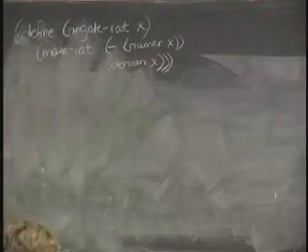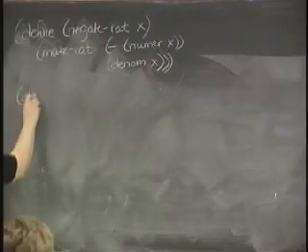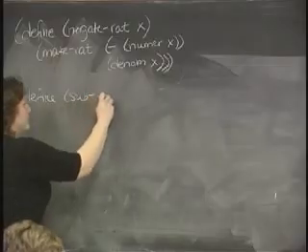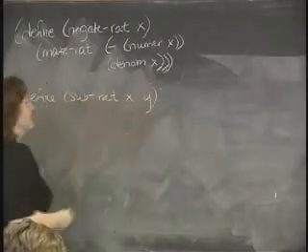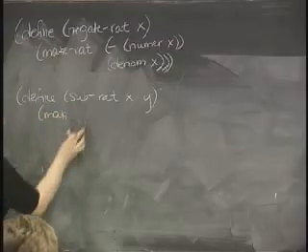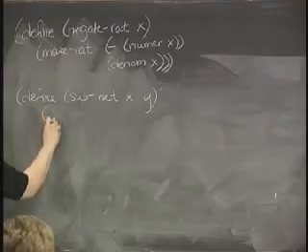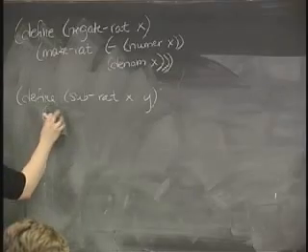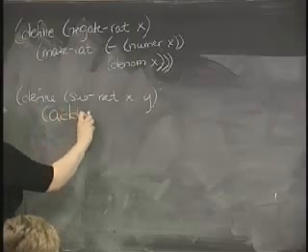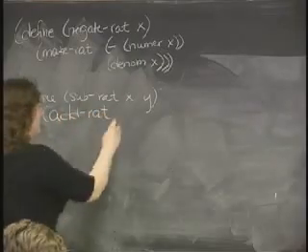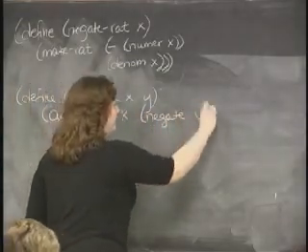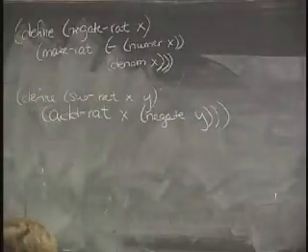Okay, so now with negate-rat, we could define sub-rat x y as a call to add-rat of x and negate-rat of y.